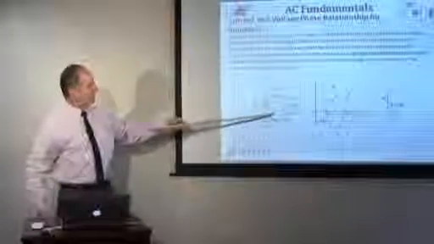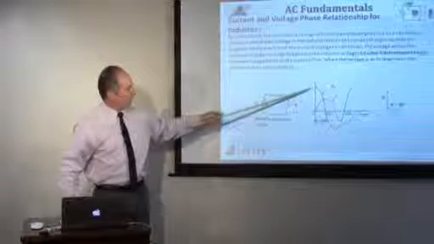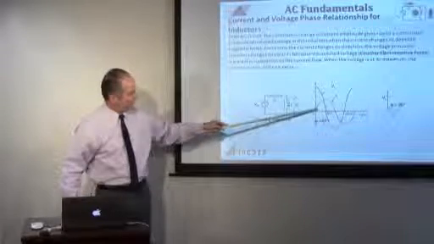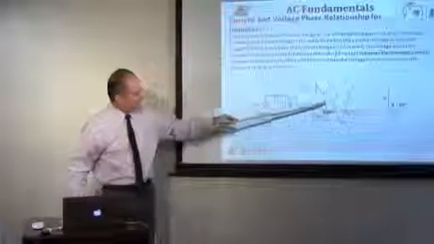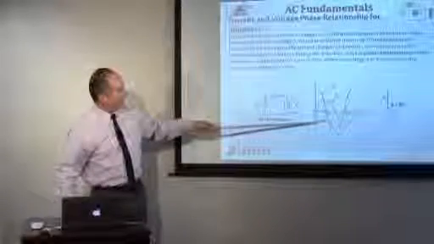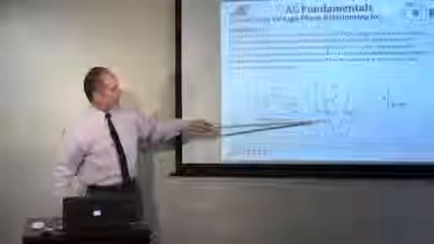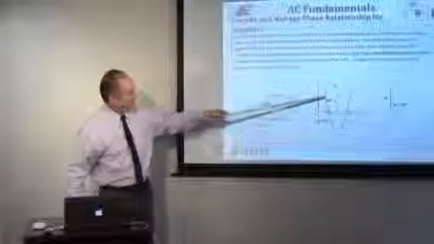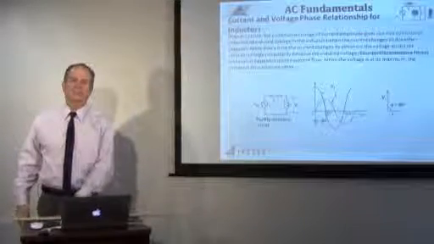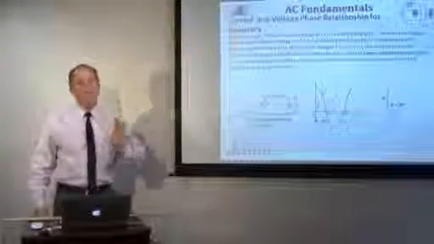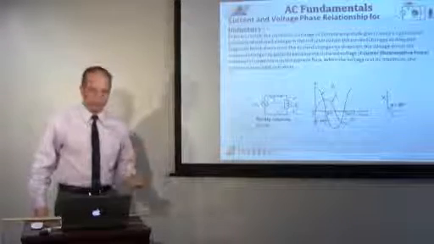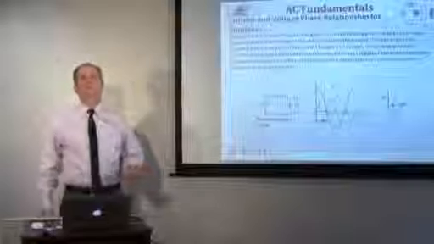And in this case, when we have a voltage applied to the inductor, and our current here, see where we have is a 90 degrees lag between the current of the inductor and the voltage on the inductor. There's a 90 degrees in a pure circuit like this. So the main thing to understand here is that in an inductive circuit, the current lags the voltage. Okay?